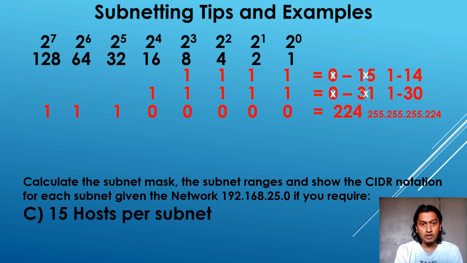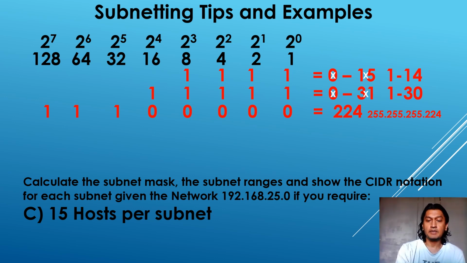So you end up with 3 ones and 5 zeros, and that gives you a subnet mask of 224. How do I get that? 128 plus 64 is 192, plus 32 is 224. So my subnet mask is 255.255.255.224.